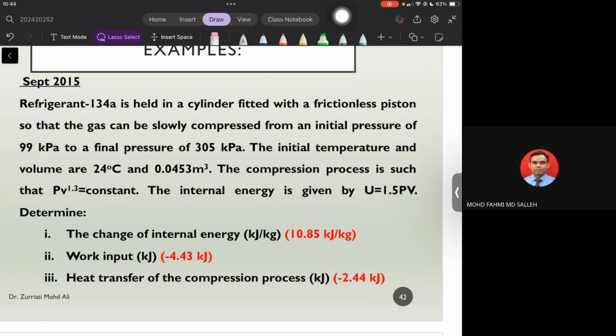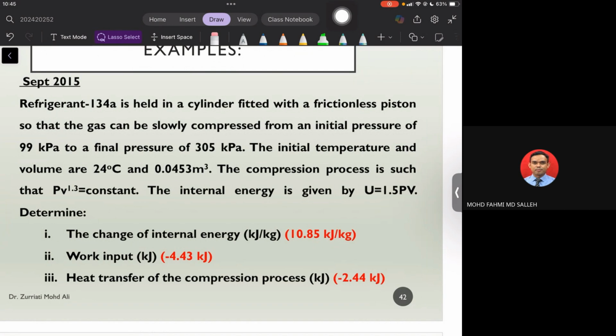All right, first we are going to look into the substance given by the question. In this question, it is given refrigerant 134A, which in our discussion in MEC251, normally the analysis will be conducted by using the property tables.